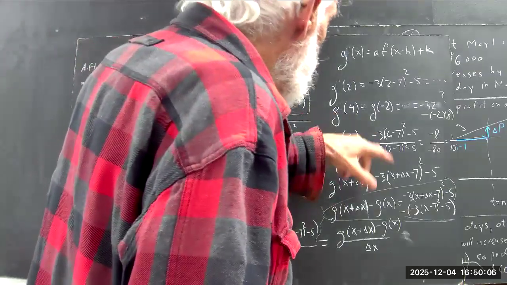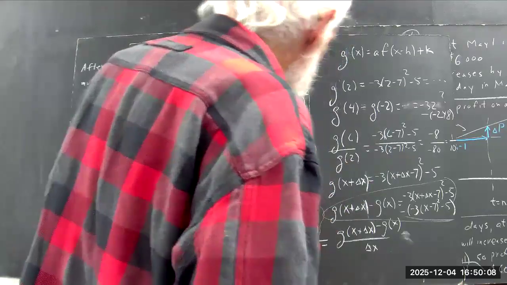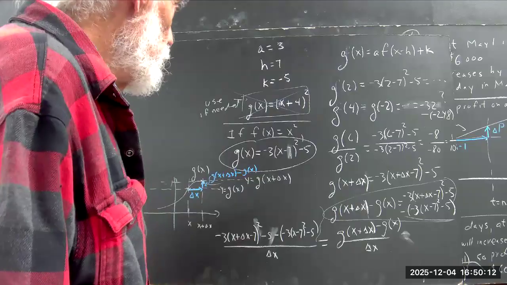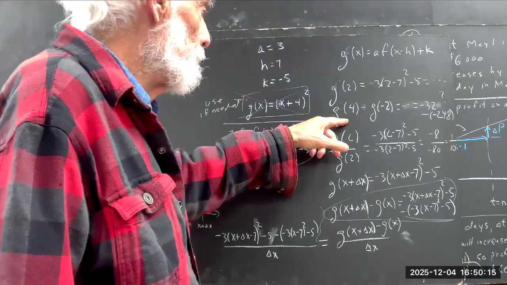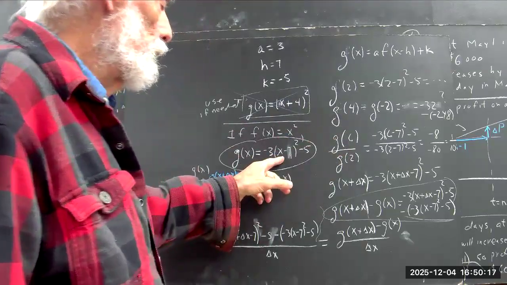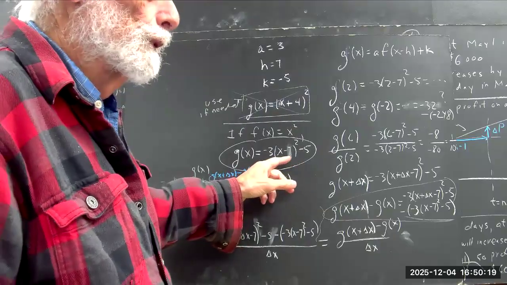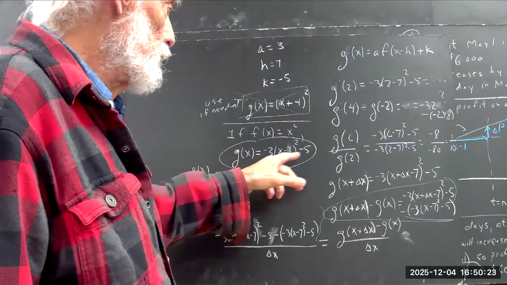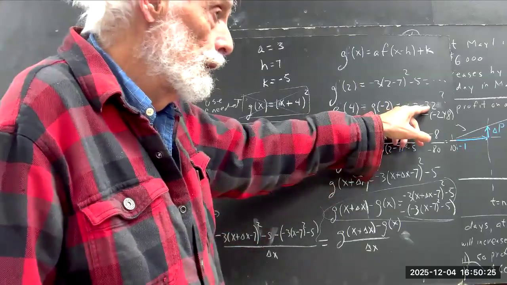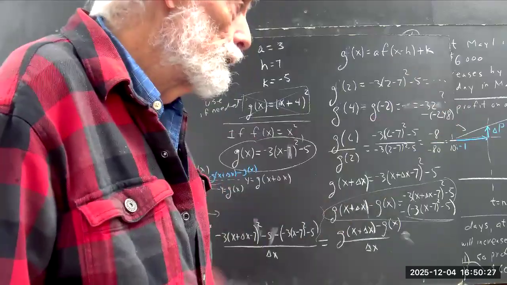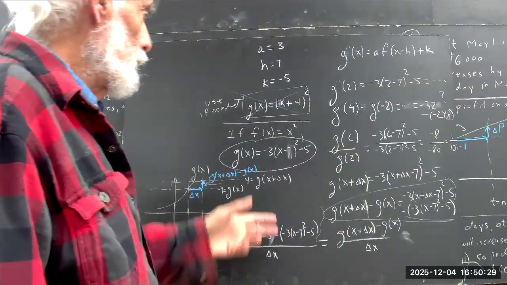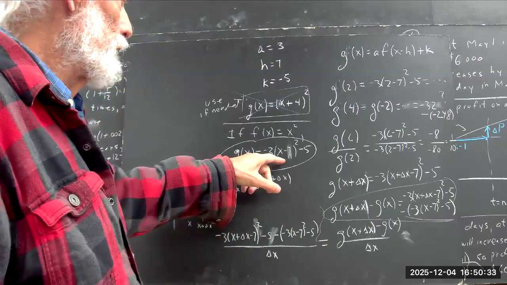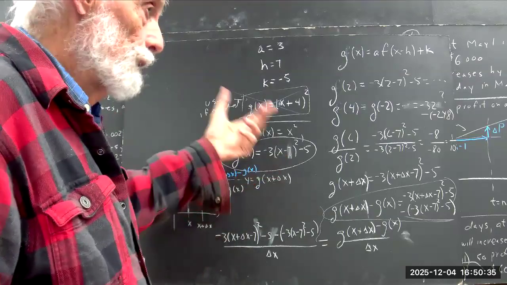Then g of 4 minus g of -2. What's g of 4 minus g of -2? Well, you have to calculate g of 4. If you put 4 in for x, you're going to have 4 minus 7, which is -3. Square that, you're going to get 9. -3 times 9 is -27 minus 5 gives you -32. Figure that out yourself. And if you plug in -2, you're going to be squaring -2 minus 7, which is -9.